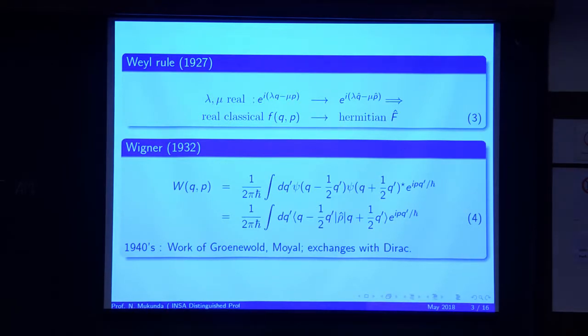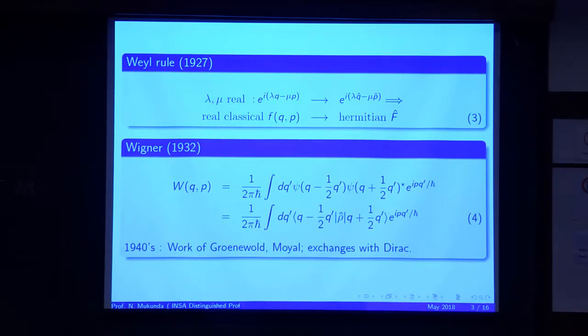This classical function is mapped into that unitary operator, lambda and mu being real, and then you use Fourier transformation and linearity. In that way, you find that the Weyl rule leads to this result. To each real classical phase space function, it associates a definite Hermitian operator, F with a roof on it. Now, all this is the simple-minded physicist's way of doing these things. I don't aim at any kind of rigor.